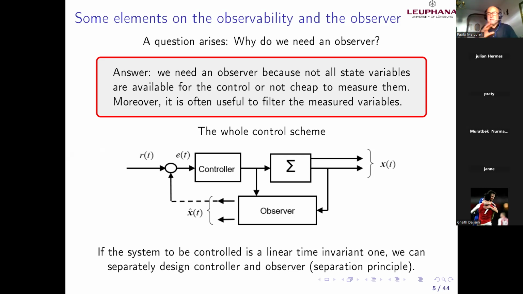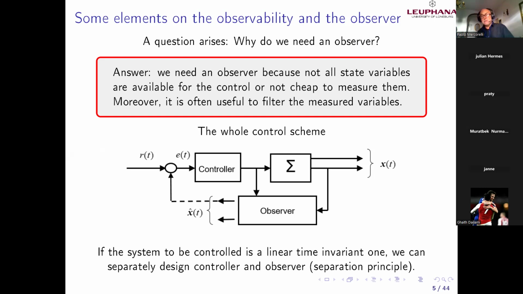Estimate and observe, we have a difference. I will repeat it today during the lecture too. But let me go ahead with the short repetition. The idea is to estimate, as I told you, the rest of the states which I am not able to measure, or which I don't want to measure.